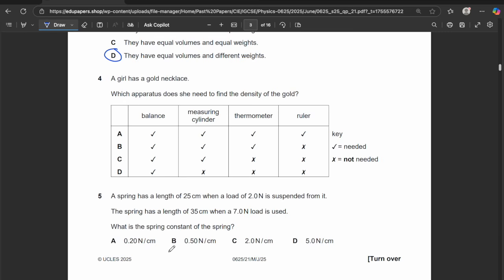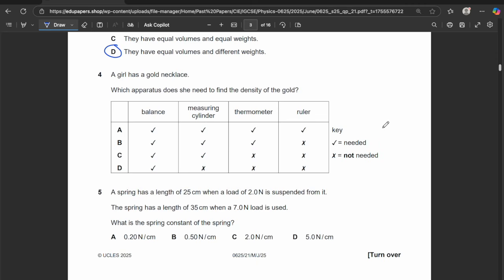4. A girl has a gold necklace. Which apparatus does she need to find the density of the gold? So to find density, right, we need mass and volume. To measure mass, we need a balance, and it says gold necklace. So this is an irregular object, which means we can't simply measure its volume with a ruler or anything like that.